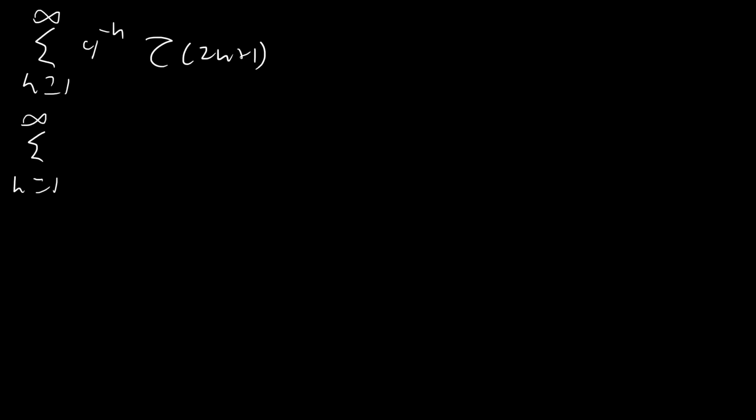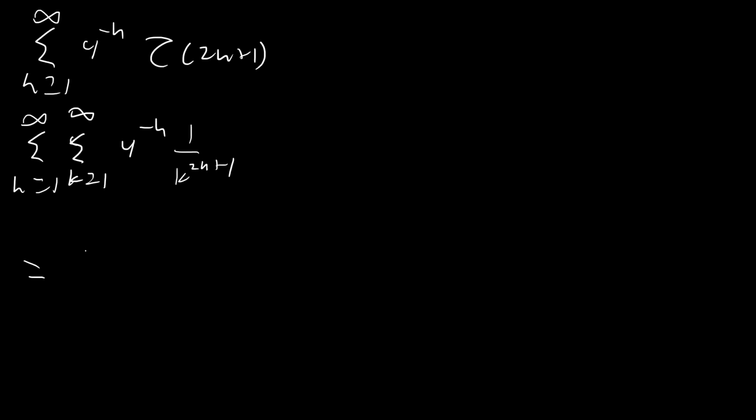The next problem we're going to be evaluating is the sum from n equals 1 to infinity of 4 to the negative n zeta of 2n plus 1. This is going to be pretty straightforward. We're just going to use the same strategy we used last time. So the sum from, or sorry, we still have n on the outside. n equals 1 to infinity of the sum from k equals 1 to infinity of 4 to the negative n, 1 over k to the 2n plus 1.